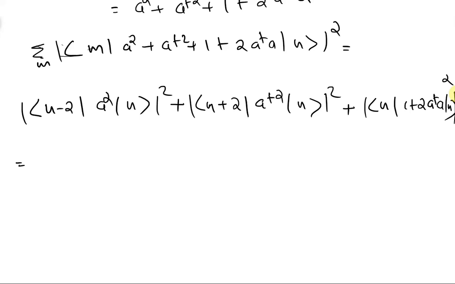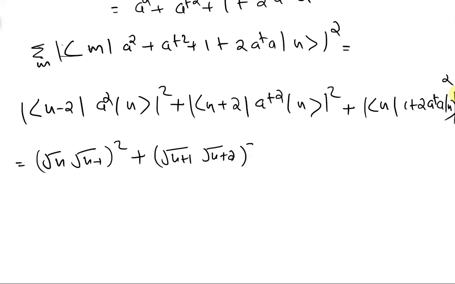This is nothing but a acting on n, it produces root n, and another a acting on n minus 1, it produces root n minus 1, and the entire term square. Plus here a† acting on n produces root n plus 1, a† acting on n plus 1 will produce root n plus 2, square.